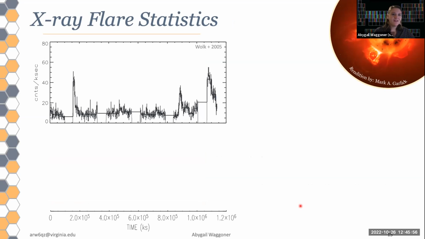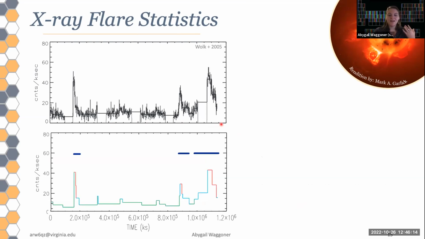So the Wolk et al. 2005 paper has data that looks like this. This is an actual X-ray light curve, and they were able to extract and determine how many flares occurred or whether or not flares occurred within the data. So for example, in this light curve, they identified 3 flares.